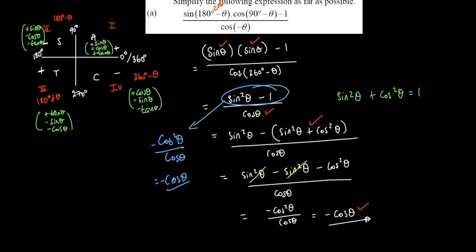Yes, Neo? No, sir. Can you please remind me that when changing the trig ratio, won't we first consider the sign of cos in that quadrant?